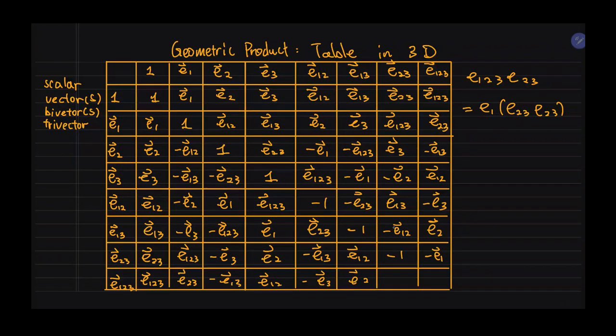We get from E2 3 E2 3, which is minus 1, then we get minus 1. So the only thing left is E1 2 3 E1 2 3.